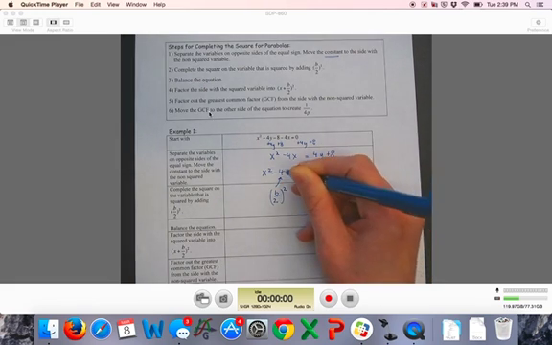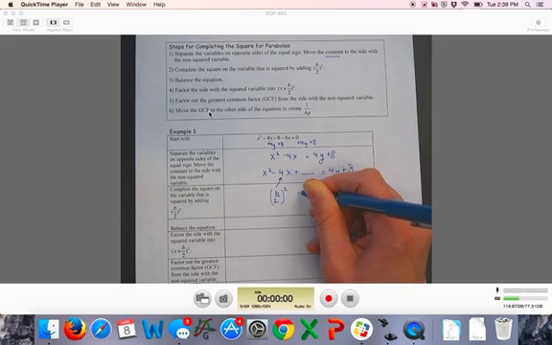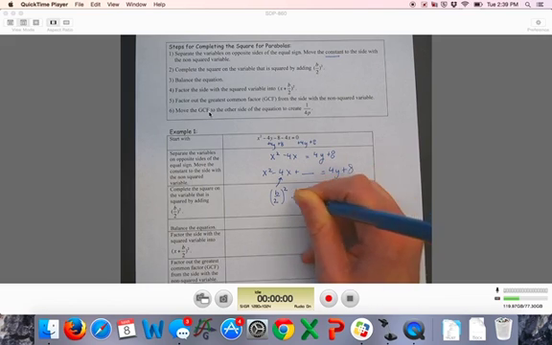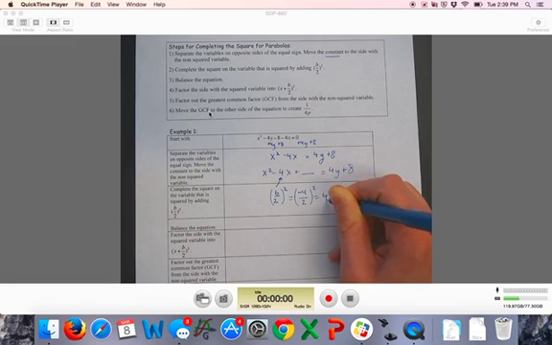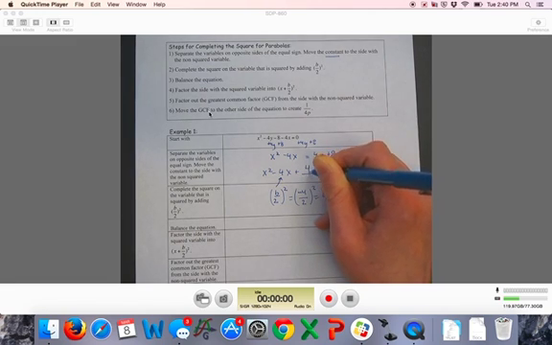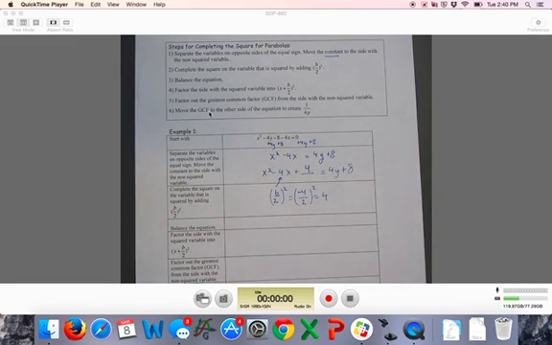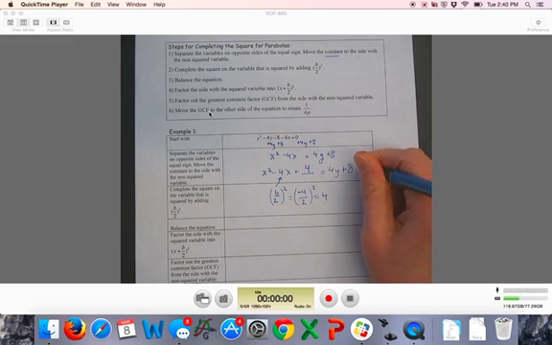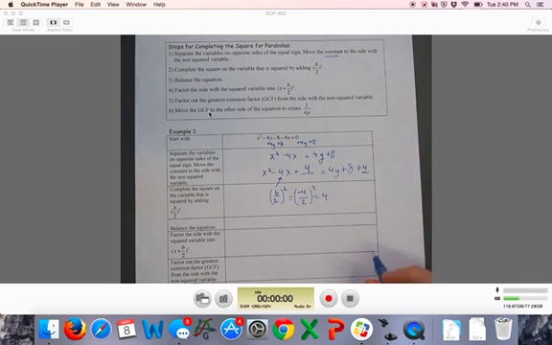So if I take half of negative 4, divide it by 2, and square it, I get 4. So I'm going to go ahead and add it right there. Then it says to balance the equation. So I'm going to add 4 on this side as well. Okay, and now my equation is nice and balanced.